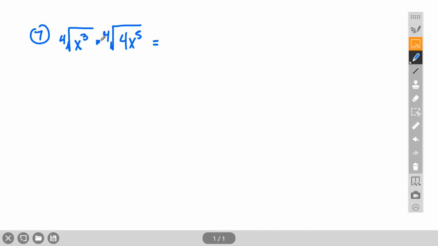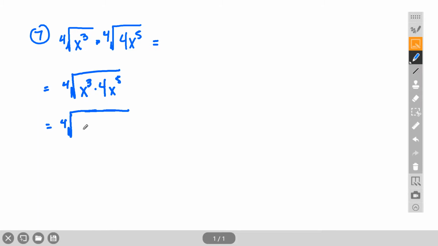When we have multiplication and they have the same index, like this fourth root, we can just combine them under the radical. So this is x cubed times 4x to the fifth. And then I can just split them up.